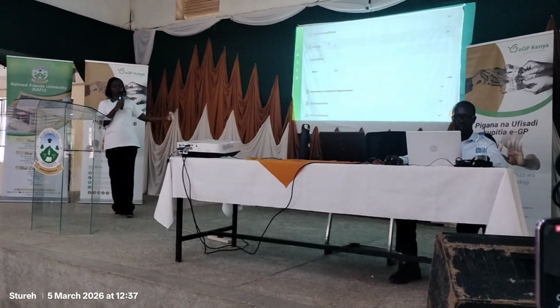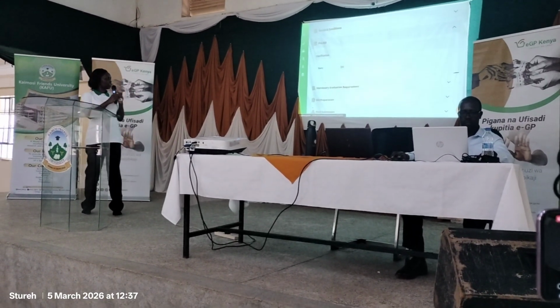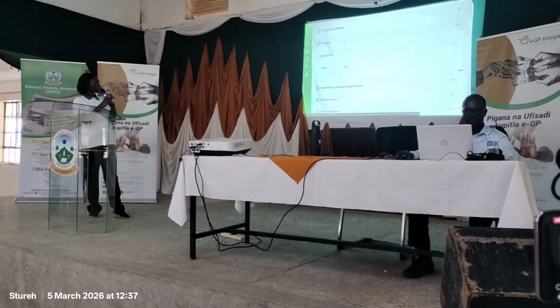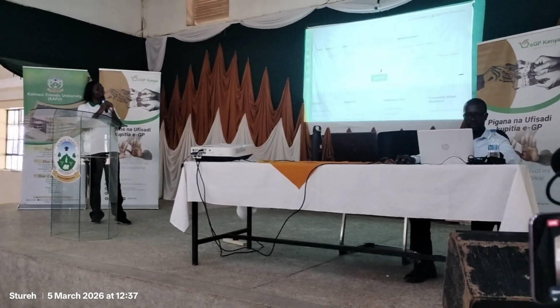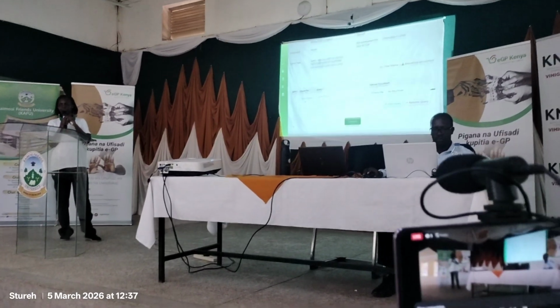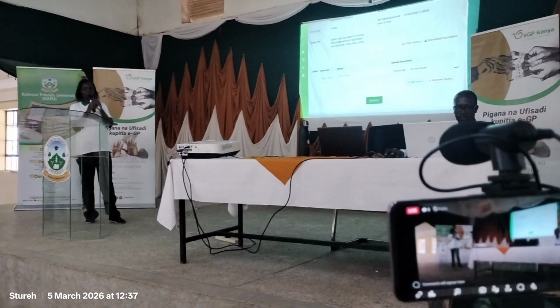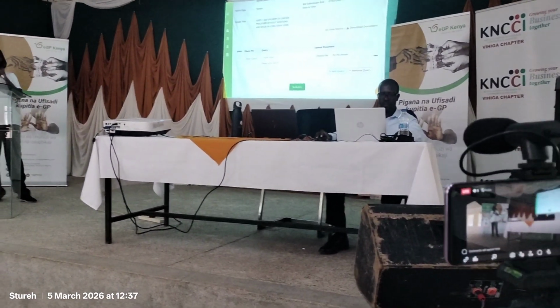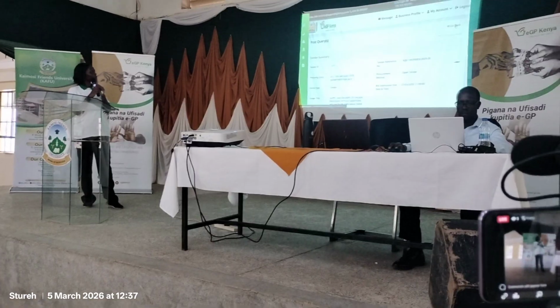It also has a period that you are given for you to seek any clarification. So if you see the post is active, then you are able now to seek any clarification that you want. If that post is not active, which means the time has already elapsed.